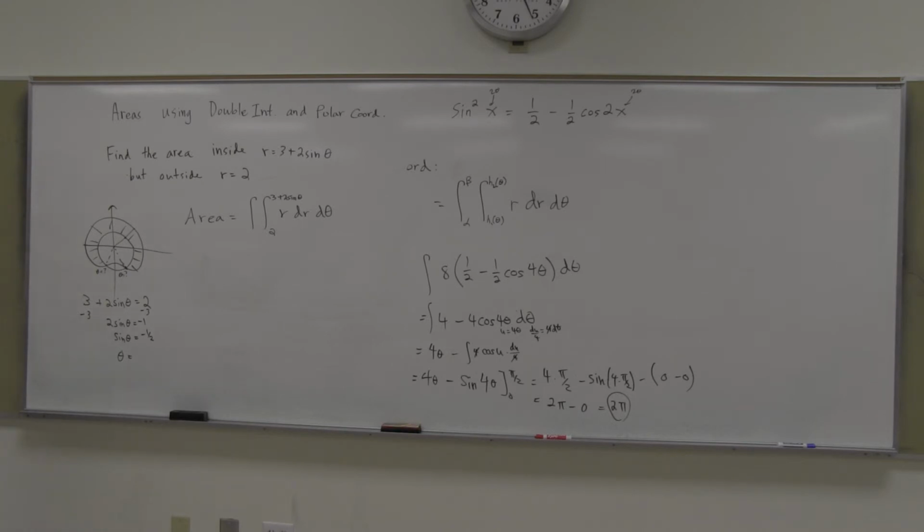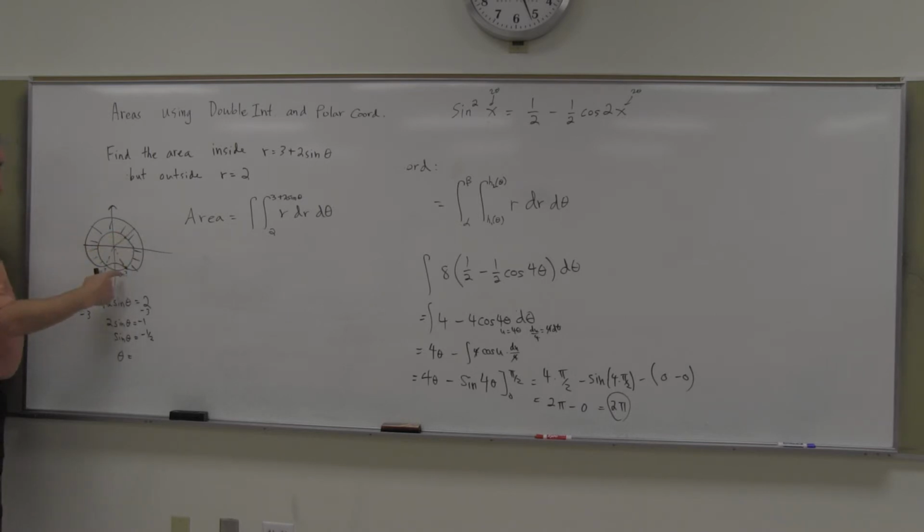The reference angle would be pi over 6, but I want it to be -1/2, and so I'm talking a quadrant 4 and quadrant 3 angle. So what would that be?